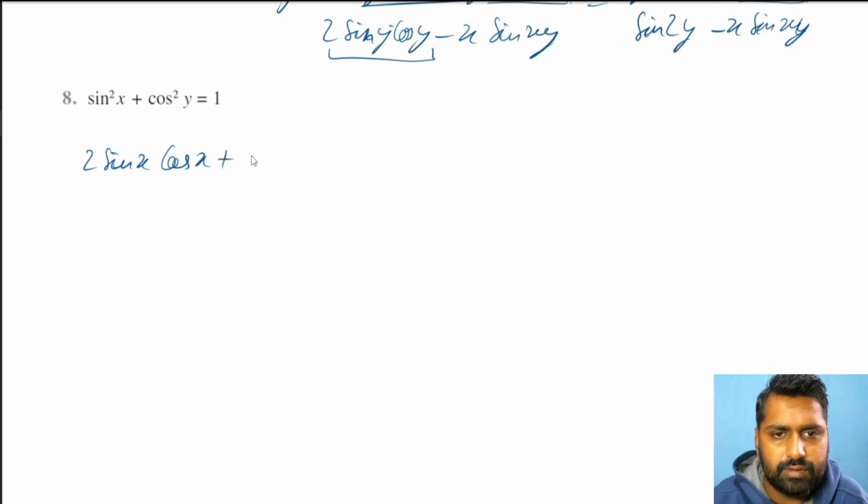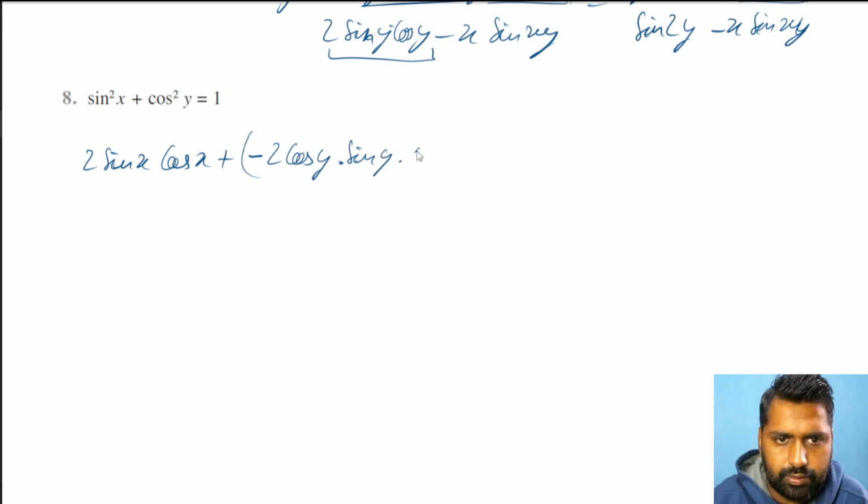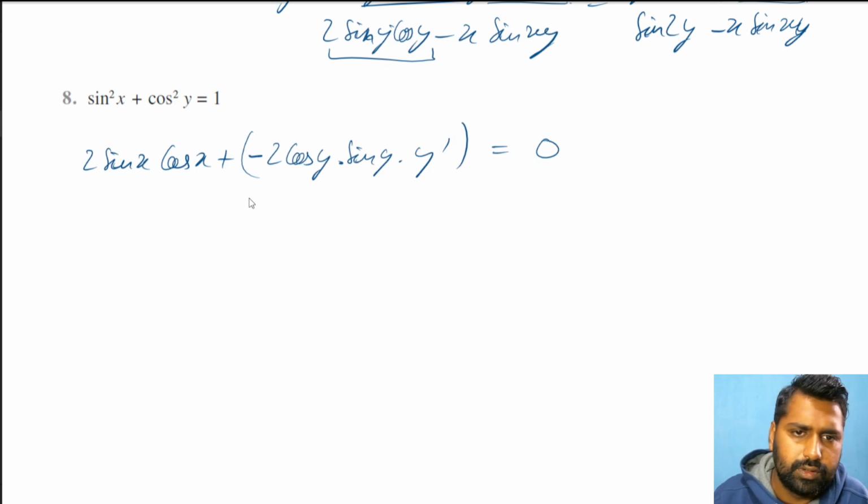Cos square differentiation will be minus 2 cos y, and cos y differentiation is minus sine y, that's why I put minus sine y into y dash, is equal to 1 differentiation is 0.